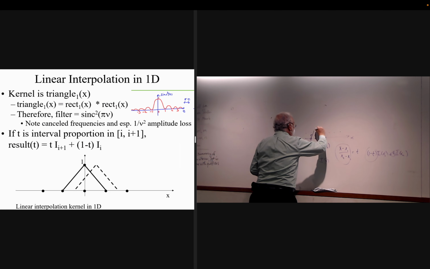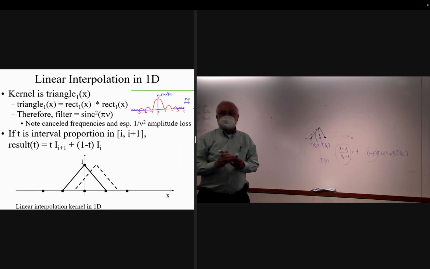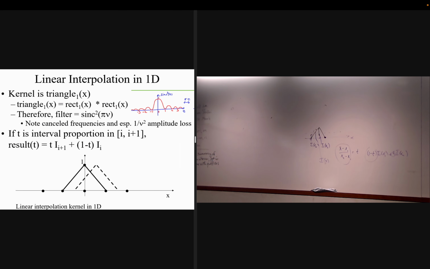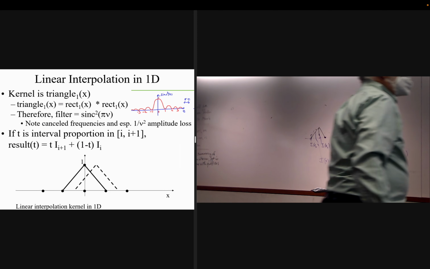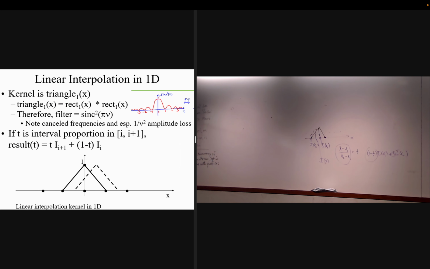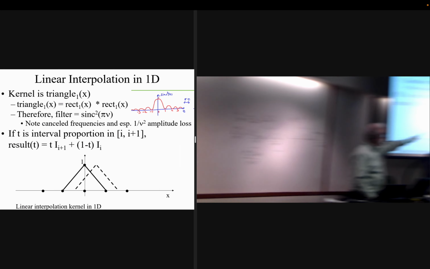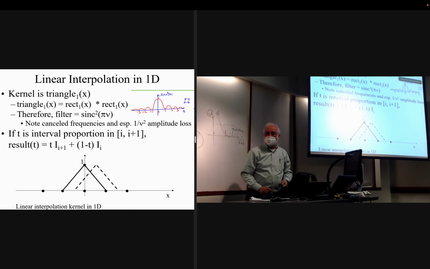Consider that kernel. It goes linearly from 0 at one pixel position up to 1 at the next pixel and back down to 0 linearly.